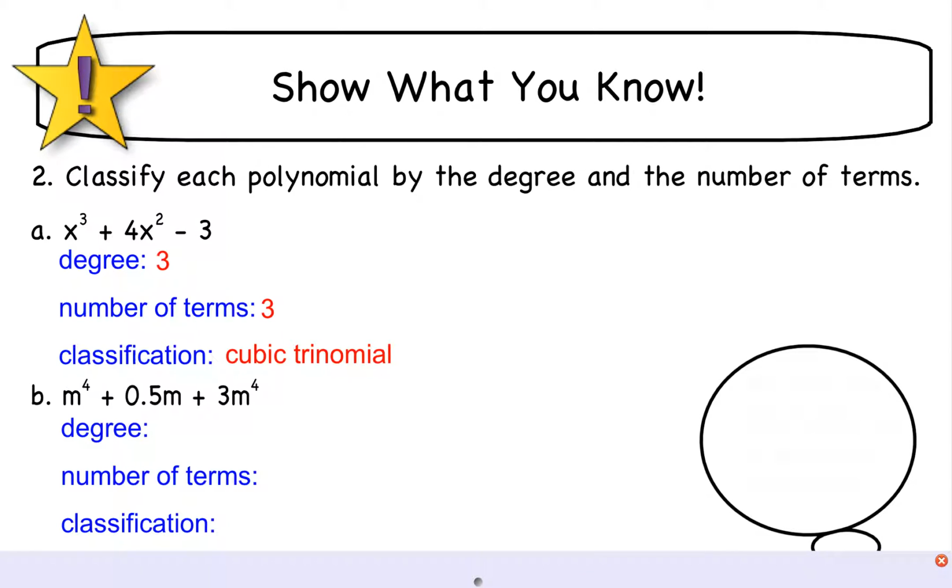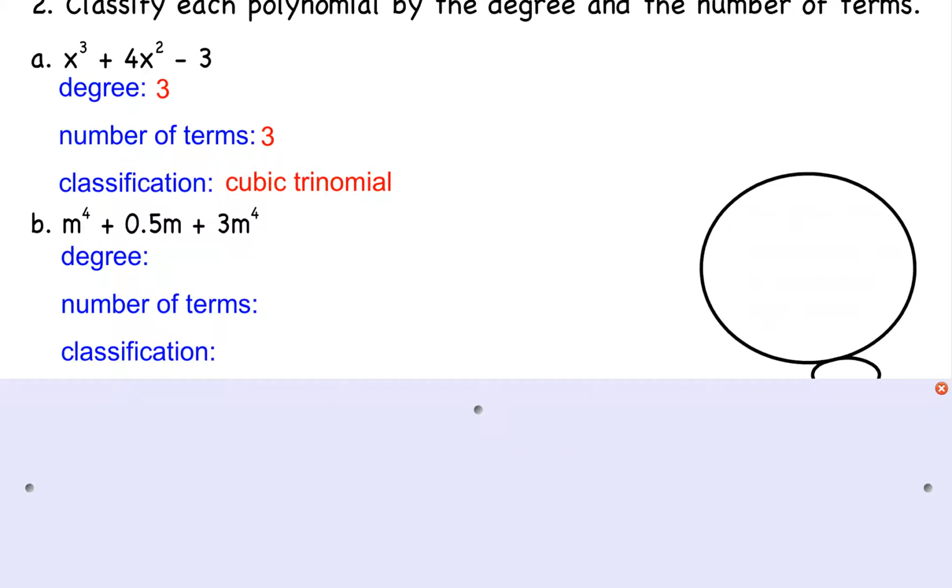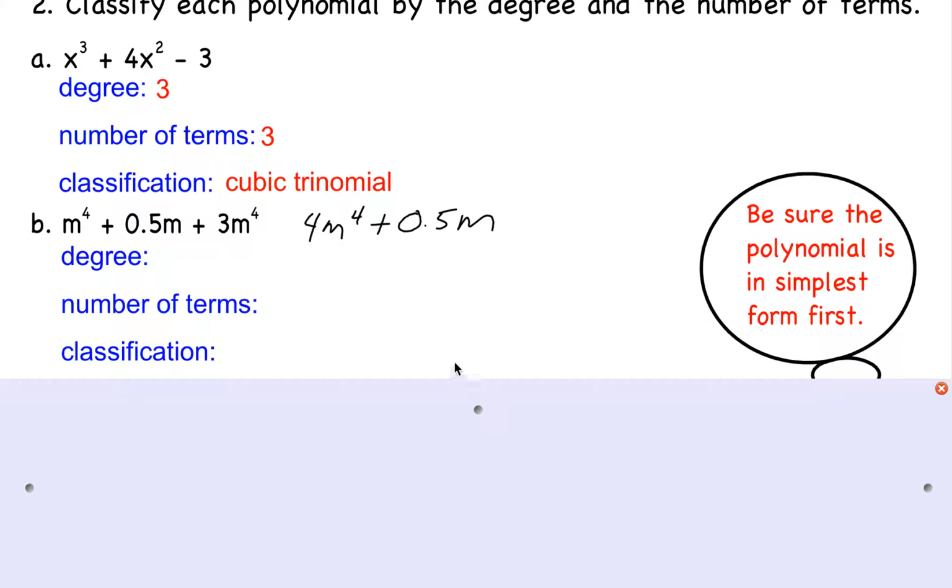And this one says m to the 4th plus 0.5m plus 3m to the 4th. Well, this one, we can combine some terms here, and we would get 4m to the 4th plus 0.5m. So we need to make sure that we're simplifying first, and that's what's in the bubble here.